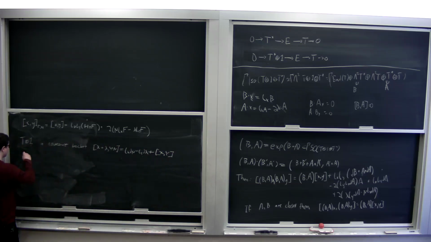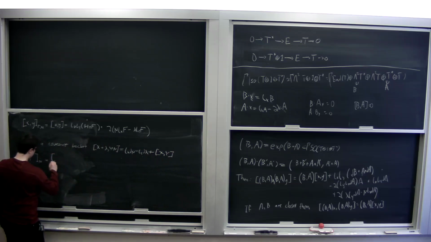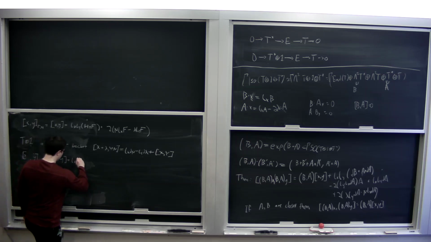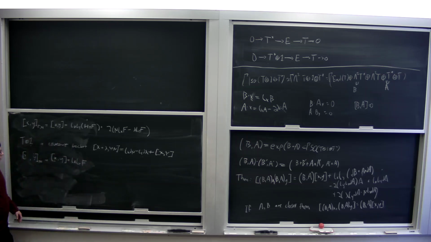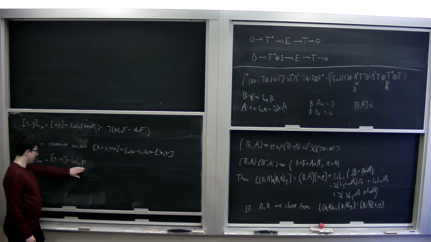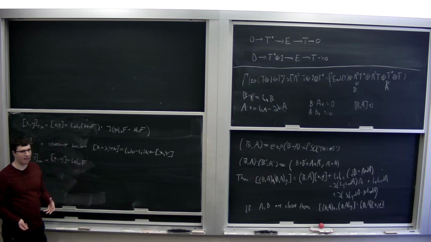Yeah, and these are twisted by closed two forms. It is equal to the standard bracket plus i_X i_Y F. So we're going to go through and say what structure this closed two form F gives us.